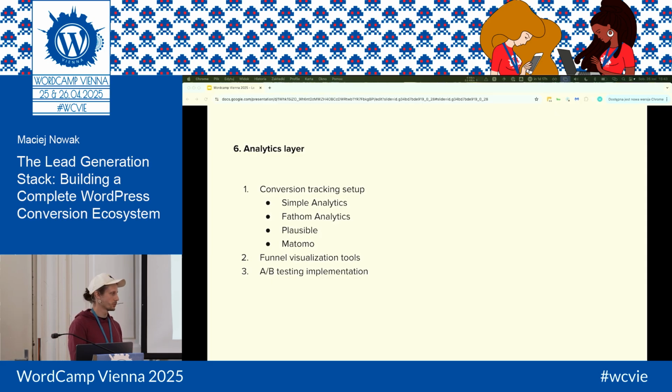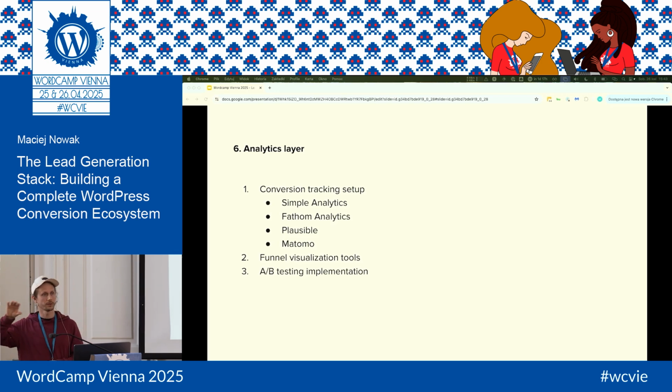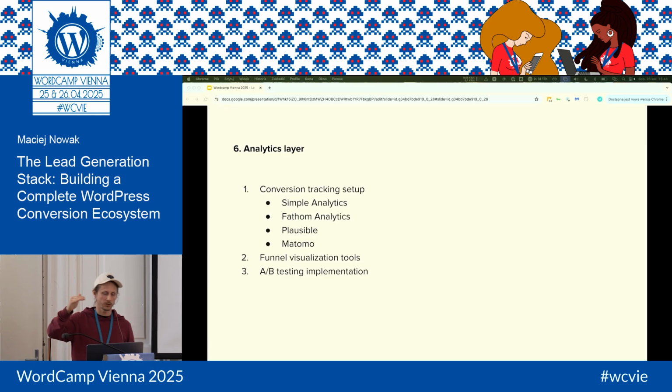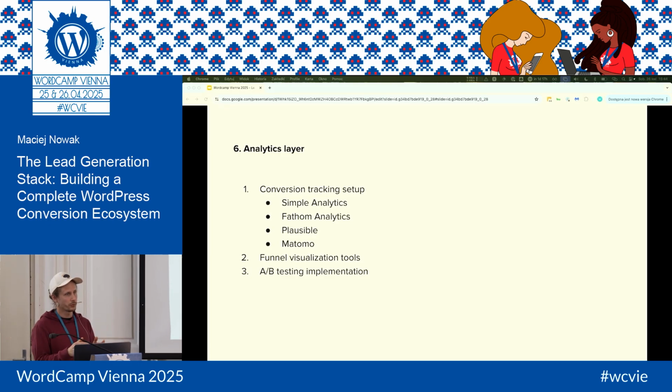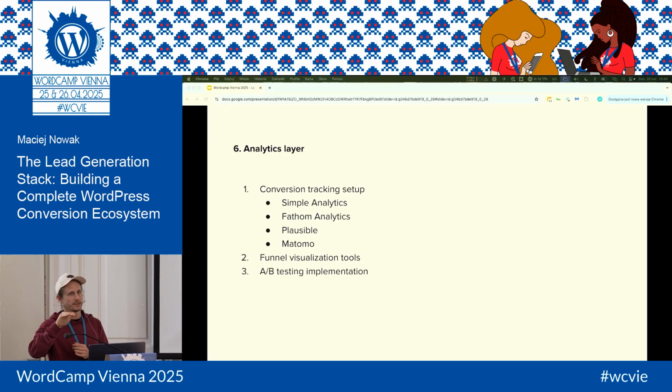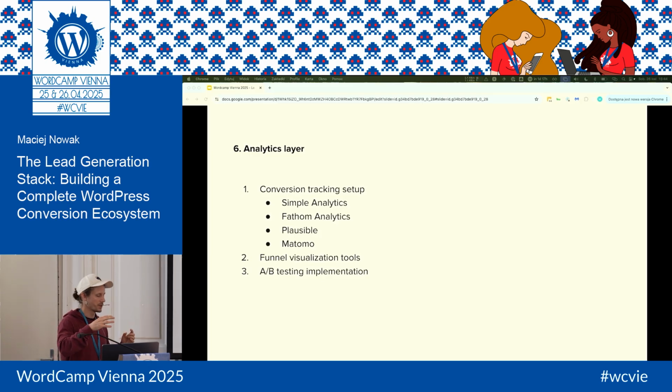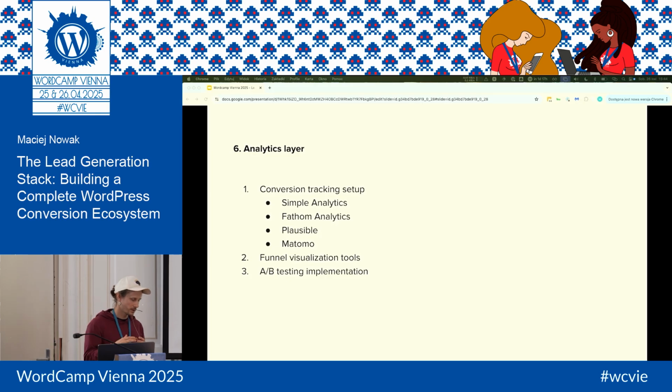Funnel visualization tools also go there, so you can see how many people are dropping at a given stage as you transition from one stage to another. You can see if you have a huge drop, which, for e-commerce, is interesting, or for SaaS companies, is very interesting.